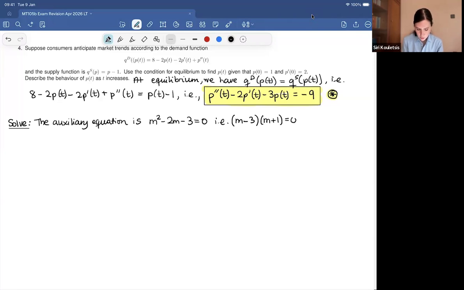But you may notice here that this factorizes into m minus 3 times m plus 1. And so the two roots are 3 and minus 1.